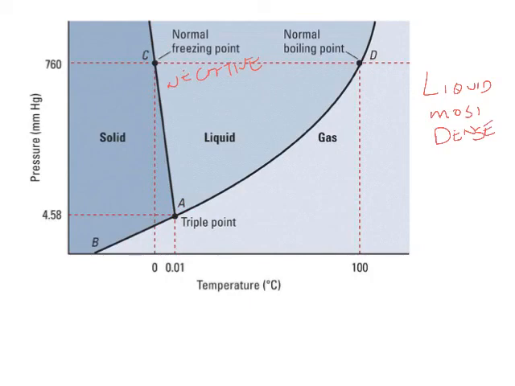So if we put pressure on solid ice, so if I start with some solid ice here at low pressure, and I apply pressure to it, my ice will turn into a liquid, because as I decrease the distance between the molecules by putting pressure on it, it's going to turn into a liquid state.